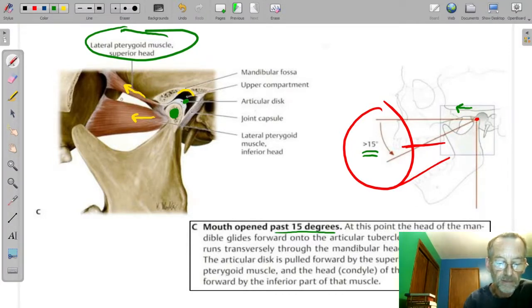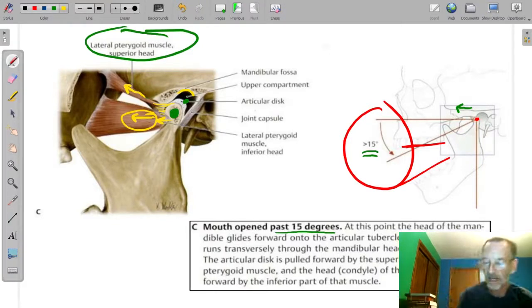And the superior head of the lateral pterygoid is attaching more or less to the capsule and pulling that anteriorly, while the inferior head is attaching to the pterygoid fovea and pulling the mandible. So we're moving both the disc and the mandible together. Okay?